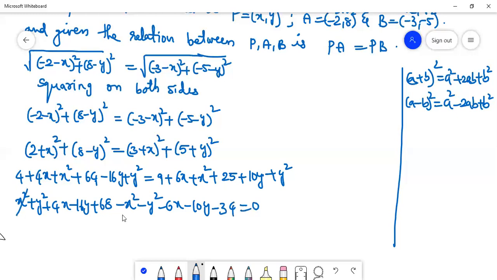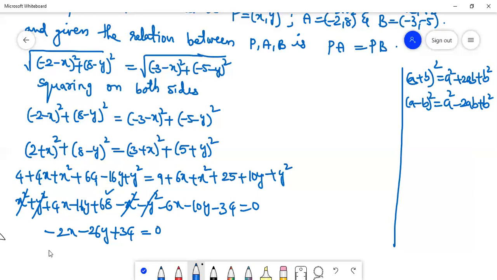Here plus x square minus x square, plus y square minus y square will be 0, that gets cancelled. Here plus 4x minus 6x, that is minus 2x. Minus 16y minus 10y, that is minus 26y. And plus 68 minus 34, that is plus 34 equal to 0.